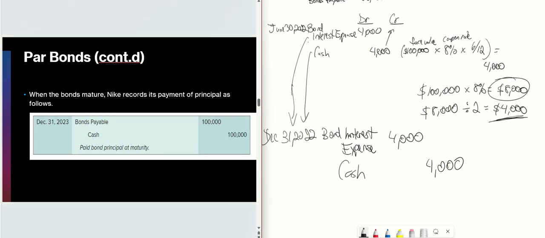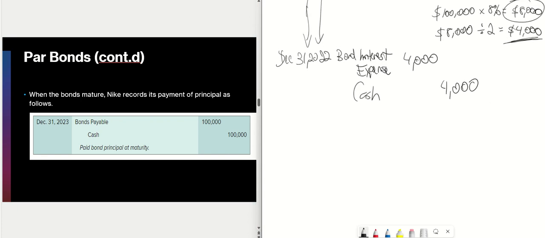All right, next slide. All right, so when the bond reaches its maturity date, you're going to create another entry on December 31st, 2023. So that's 2 years. And you're going to pay back all of that amount that's shown as the face value, which is $100,000.